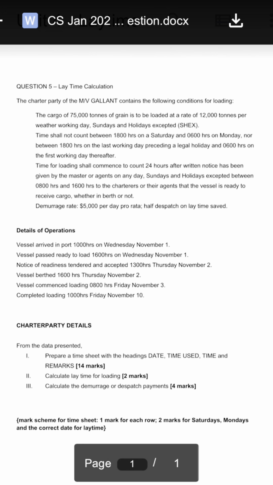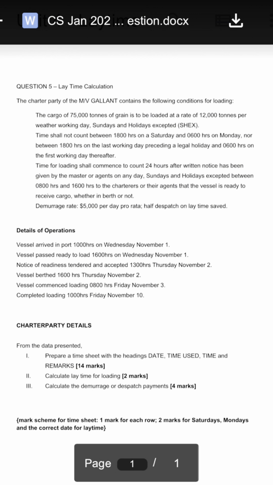Time shall not count between 1,800 hours on a Saturday and 600 hours on a Monday, nor between 1,800 hours on the last working day preceding a legal holiday and 600 hours on the first working day thereafter. What this means is that time shall not count between 1,800 hours, which is also 6 p.m., because remember the port operates on army time.